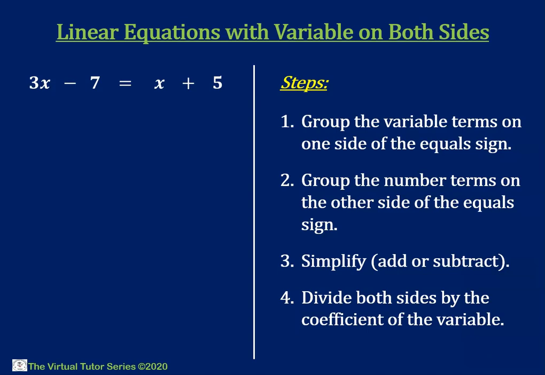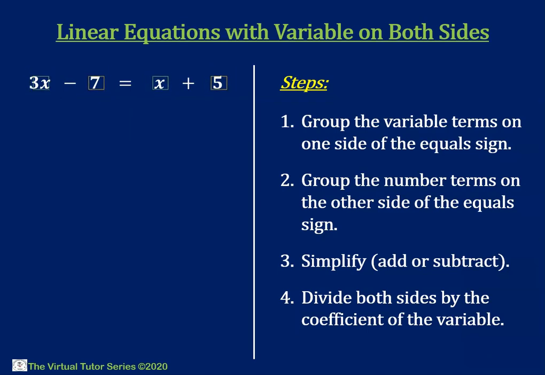Now, let's see how the equation 3x minus 7 is equal to x plus 5 can be solved using these steps. The variable terms are 3x and x, and the number terms are negative 7 and 5.